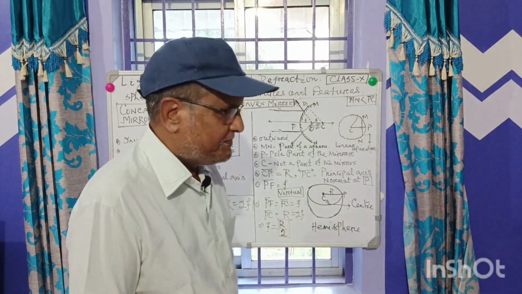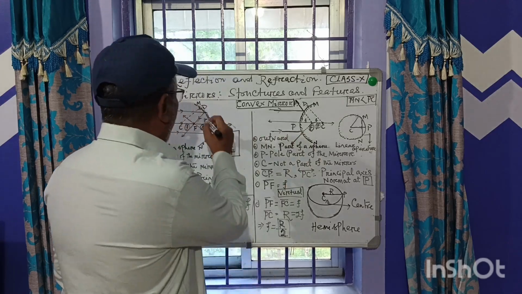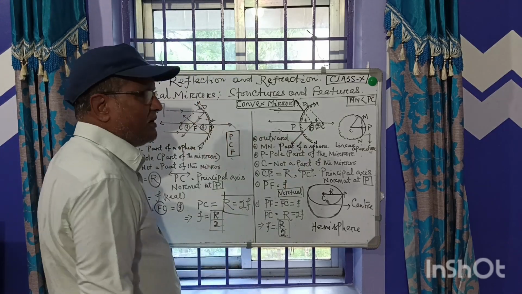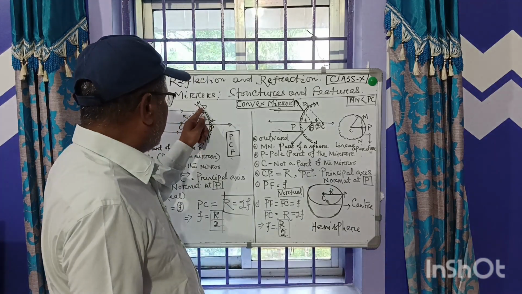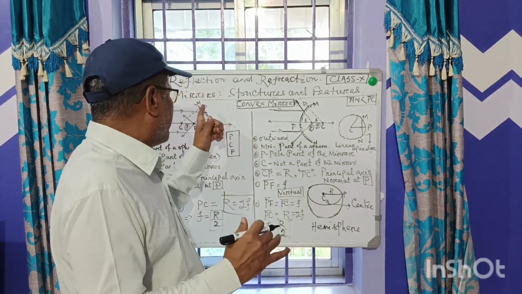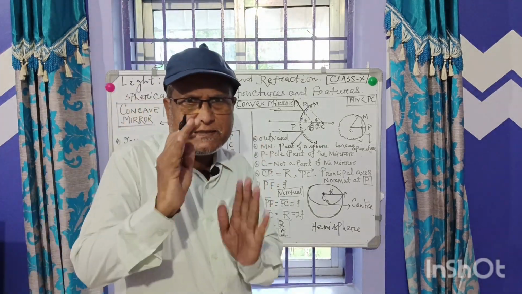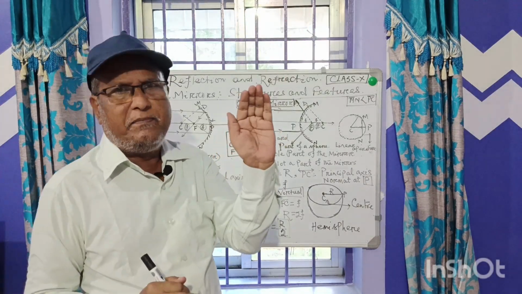So let's start. Now look at two figures. You see MN is a part of a curve. Now you see the curved line and a curved surface. It has two surfaces. One is inside. Look at my palm.